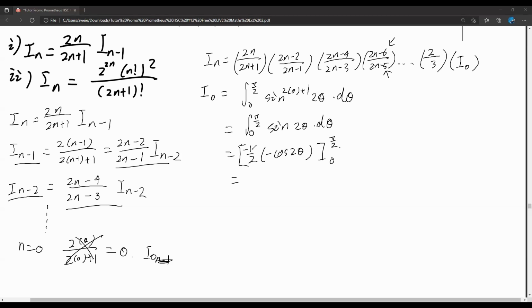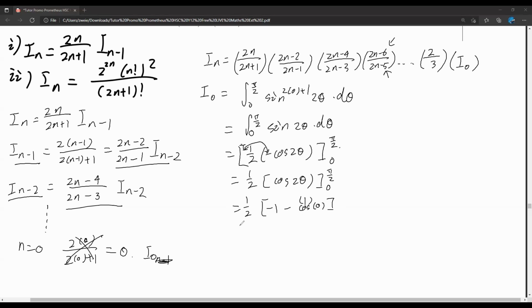That's cos pi on 2, which is 0, minus cos 0, which is 1.